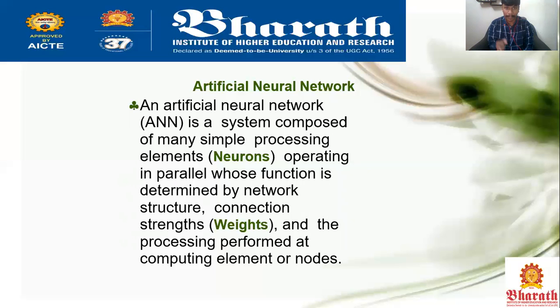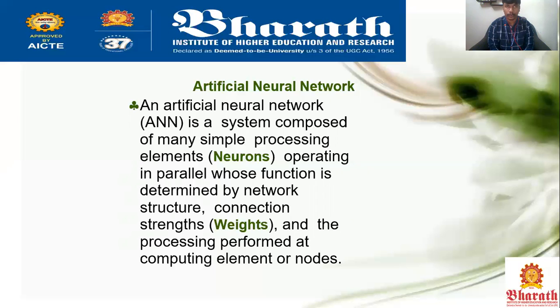The connections between them have strengths, which in technical terms are called weights. Weights are connected together to form a structure and are considered the strength of the artificial neural network.